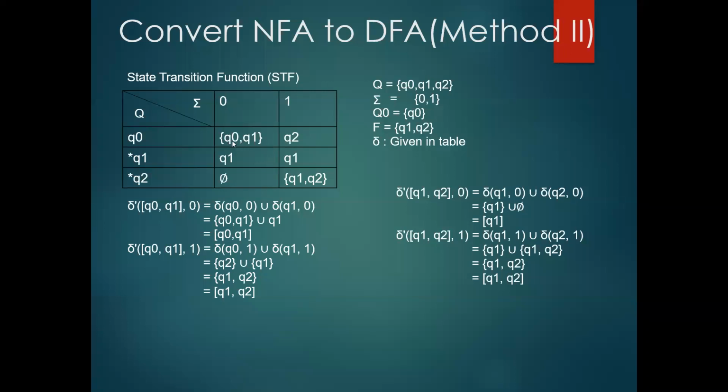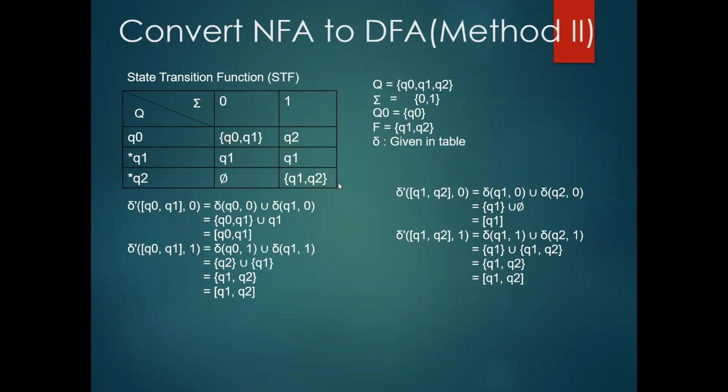But there are two combination states. Q0, Q1 is a state, and because it comprises more than one state, we call it a combination state. And Q1, Q2 is another combination state.